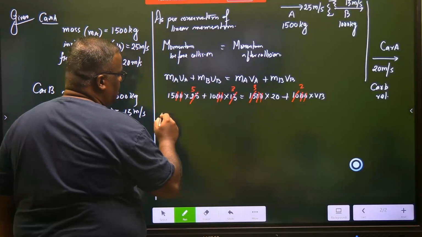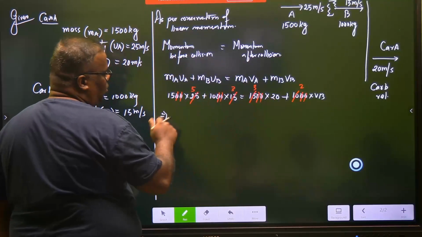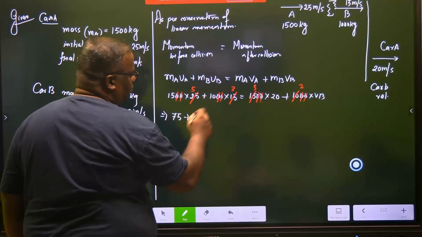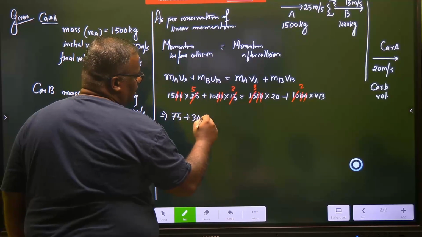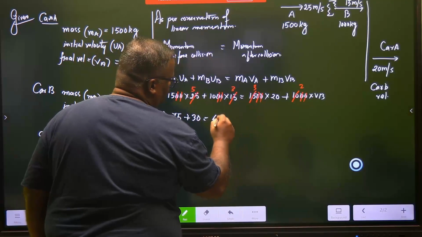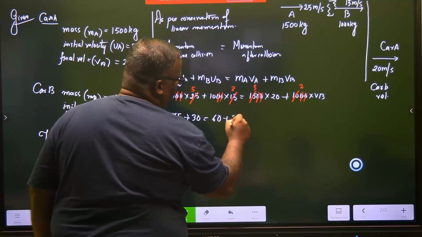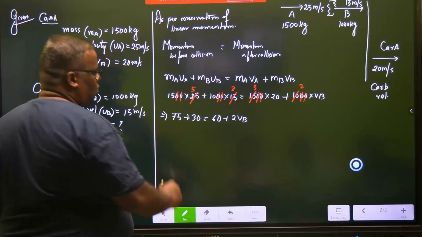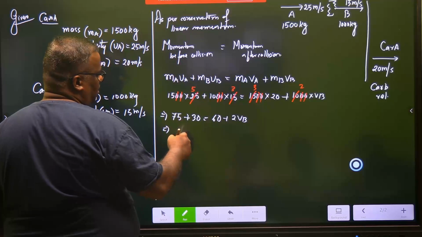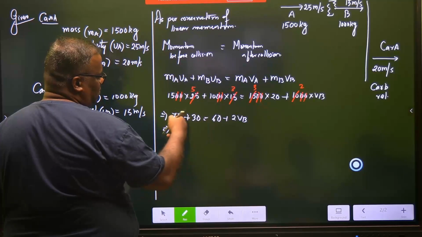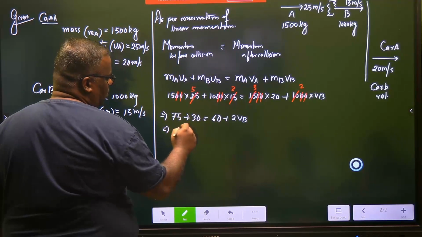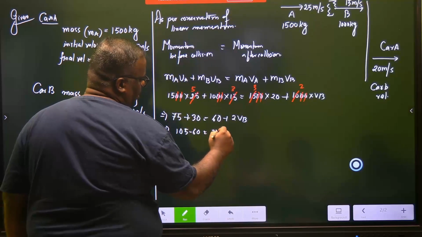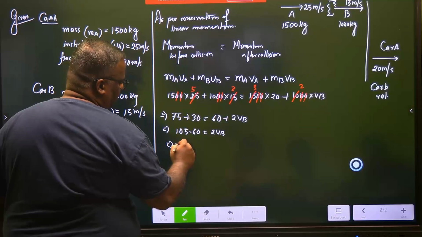So my next step, since it's an equation: 15 into 5 is 75 plus 10 into 3 is 30 is equal to 3 into 20, 60 plus 2 times VB. Agreed? You can also take down this one also, but this one is odd. Okay, 75 plus 30 is 105 minus 60 is equal to 2 times VB.